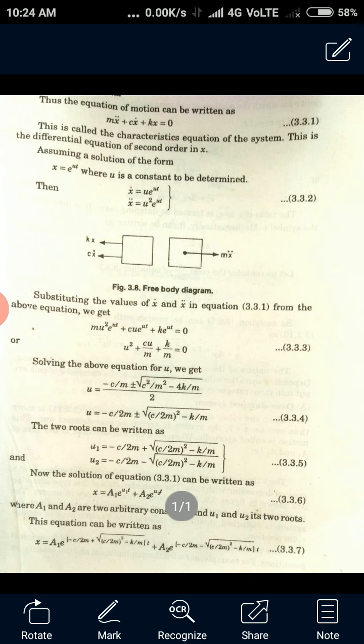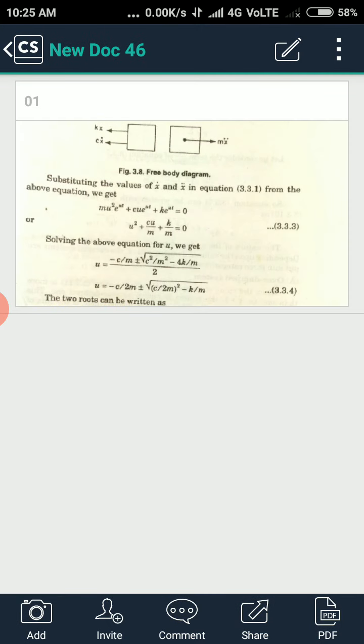That is equation 3.3.7. Don't get confused: k/m equals omega squared, or omega equals the square root of k/m. Remember that relation.